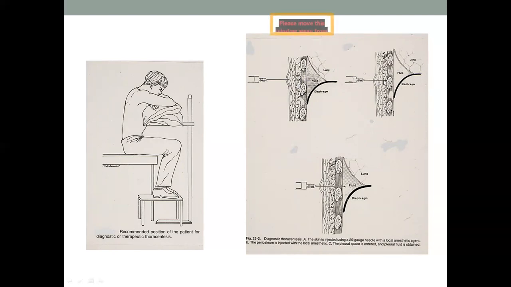First, we anesthetize the area, then the needle should be introduced to the pleural space just above the upper border of the lower rib, because we don't want to damage the neurovascular bundle which is present at the lower border of the upper rib.